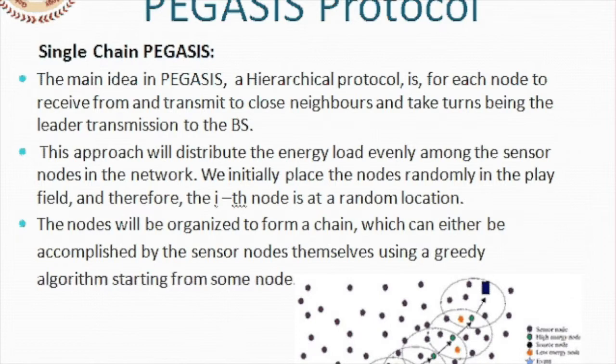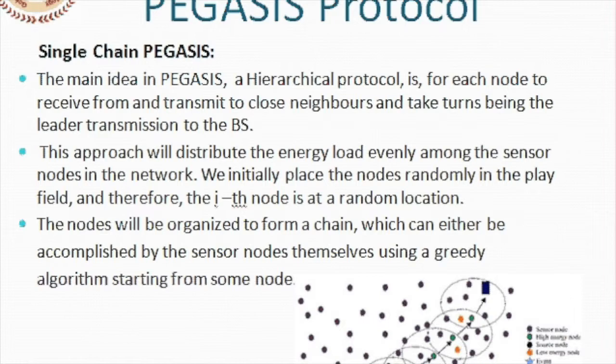Simultaneously, every node selects the node nearest to it and sends the data packets to the nearby node, which also consumes less energy. Throughout the chain construction, the chain keeps passing information to the next node, and finally the last node, which is almost near to the base station, sends the information to the base station, which processes this sensed information.